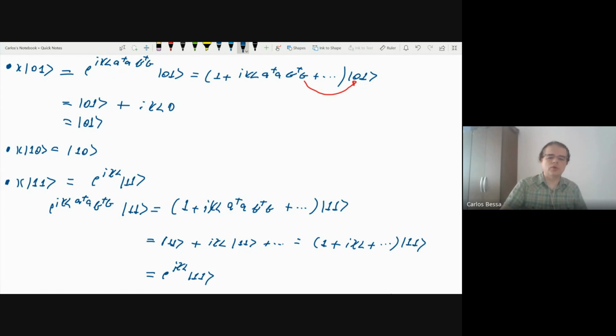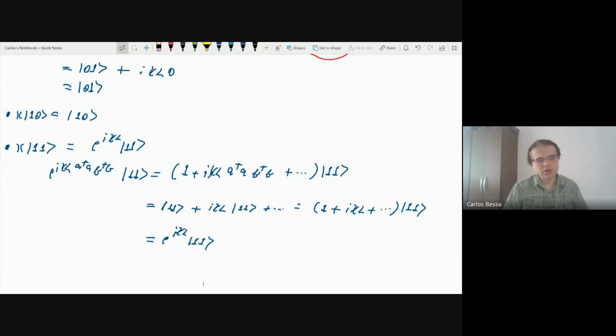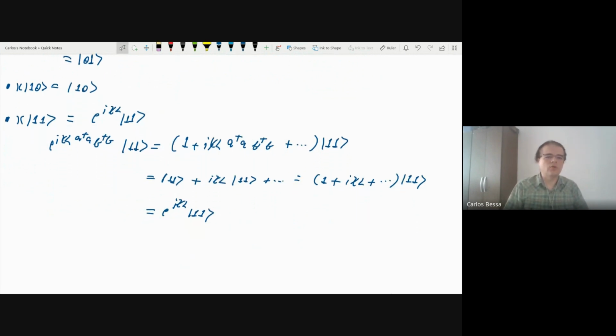So the operator K will only change this state 1, 1, when we have a photon coming from both modes, like the port A and the port B. Okay, and we can now consider, if chi L is equal to pi, we'll see how you can build a CNOT gate.